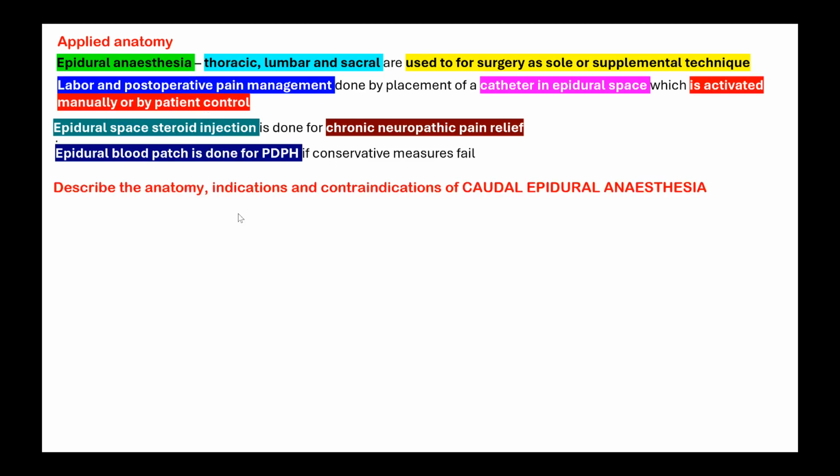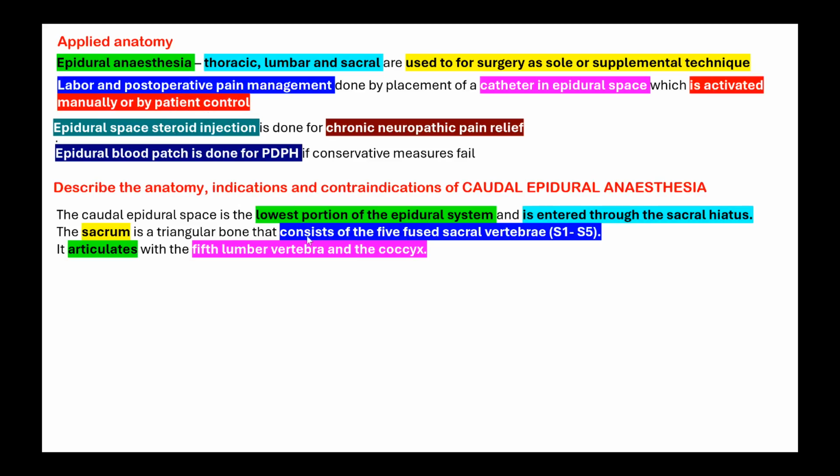And the anatomy and indications of caudal epidural are very important in this question because this is a very commonly used technique. So the caudal epidural space is the lowest portion of the epidural system and it is approached through the sacral hiatus.